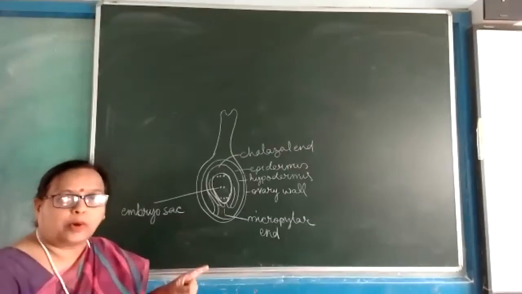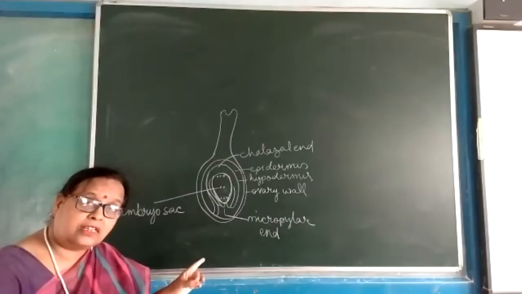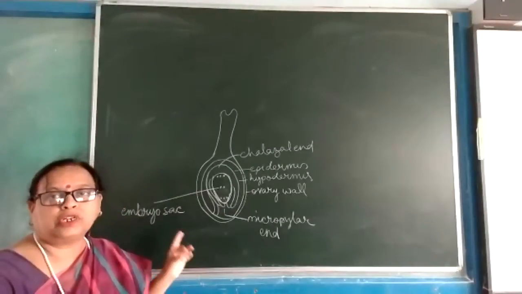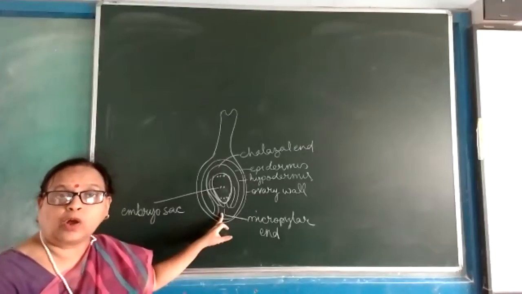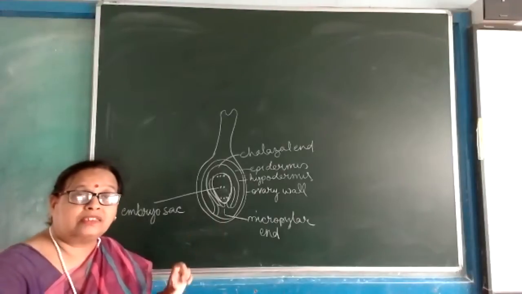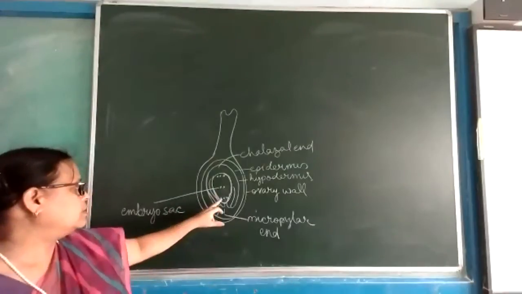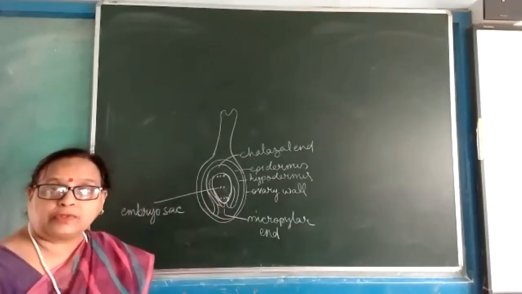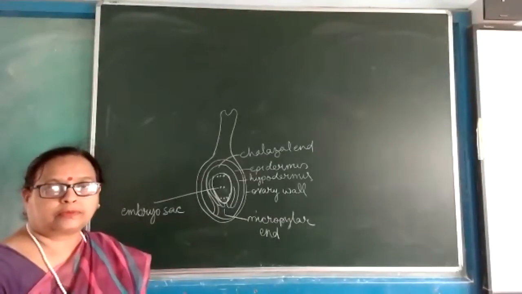The megaspore mother cell, which cell is it? The cell of the hypodermis towards the micropylar end of the ovule. This cell will become enlarged and its nucleus will undergo 3 repeated divisions.